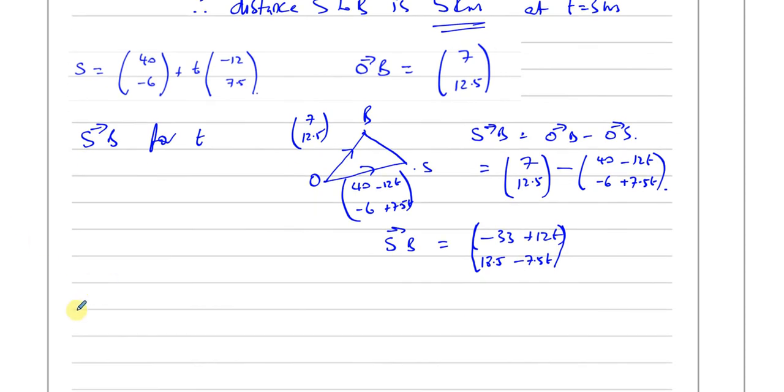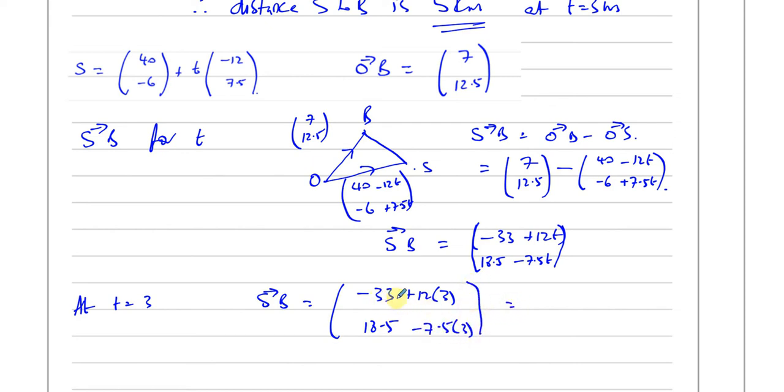So we can say that at time equals 3 hours, SB is going to be minus 33 plus 12 times 3, and 18.5 minus 7.5 times 3.